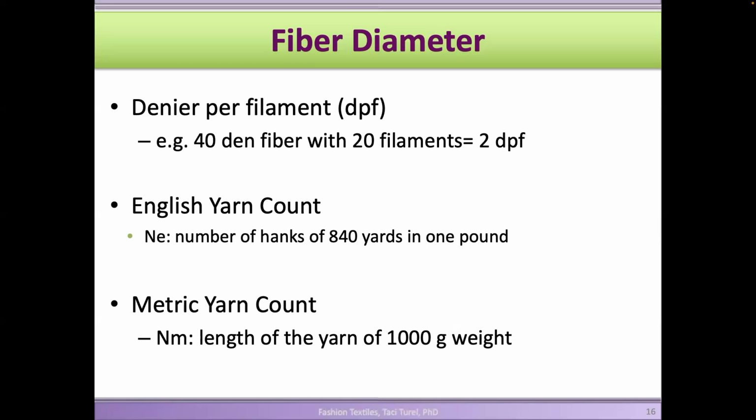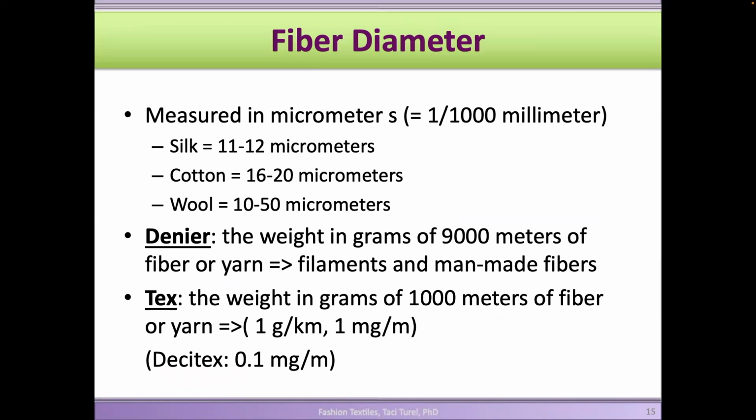So if a 1,000 gram yarn is very long, then that means that it's not very heavy, right? If it is a short yarn that already gets us to 1,000 gram weight, that means it's a coarse yarn. So that's kind of how those systems work. There's a difference between fiber diameter versus yarn diameter because yarns are made out of multiple fibers.